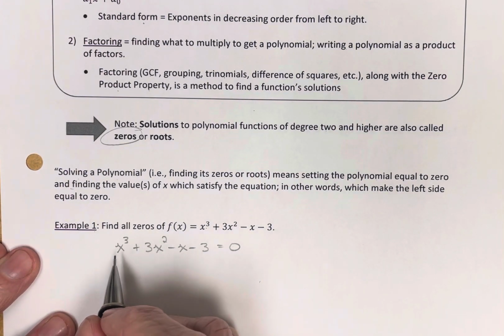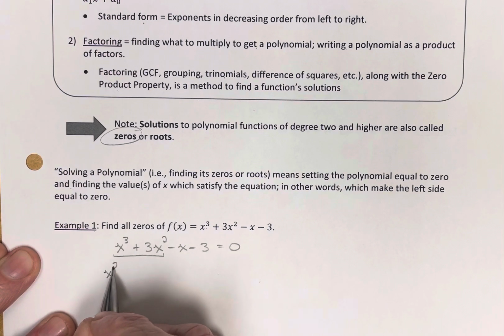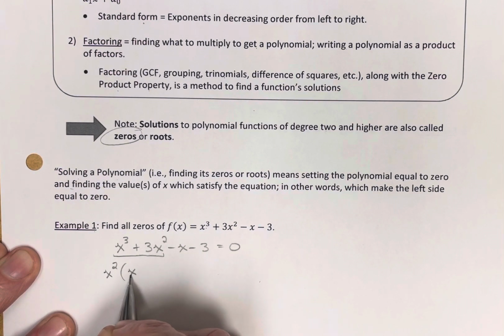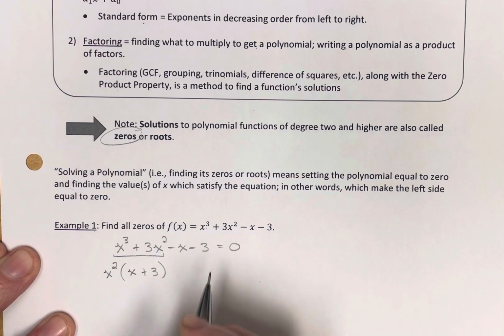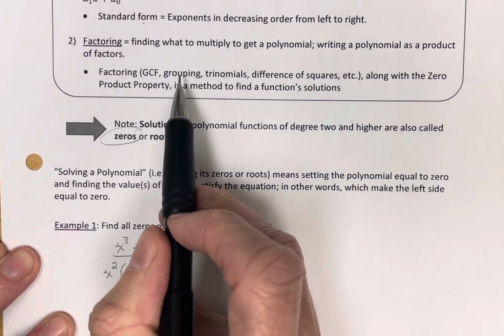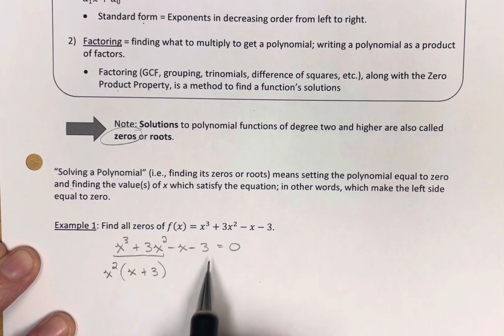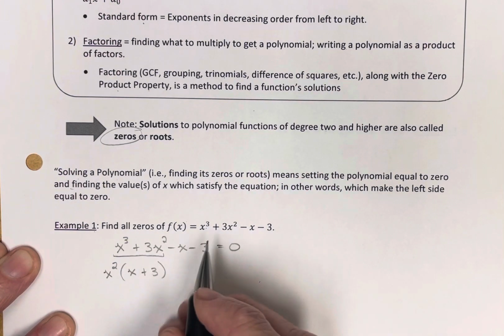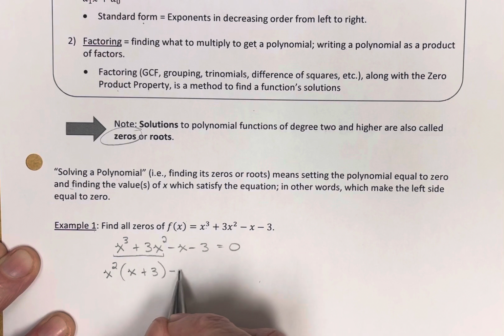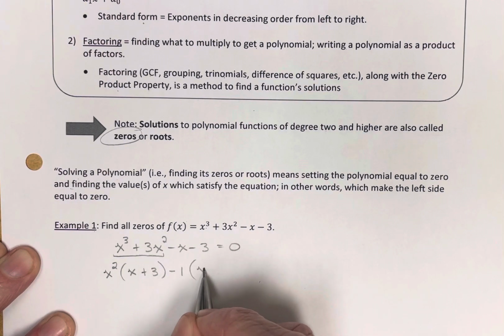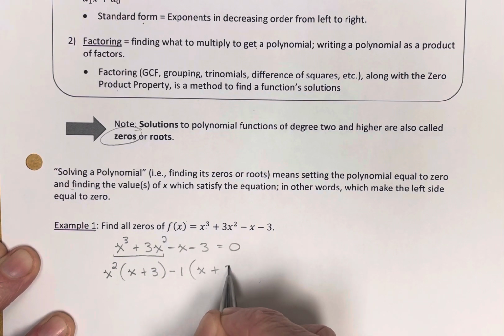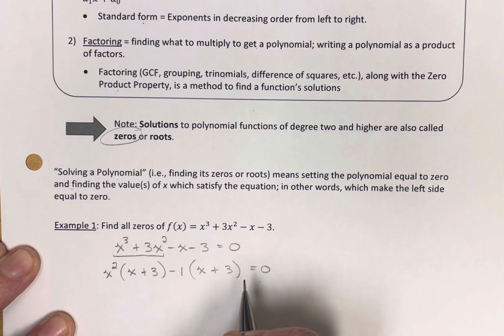This one can be factored. If I factor an x squared term out of the first two terms, I'm left with x plus 3. And when you factor by grouping, you want to get a similar factor again. Well, if I take out a negative 1, I'm left with the same factor, x plus 3.